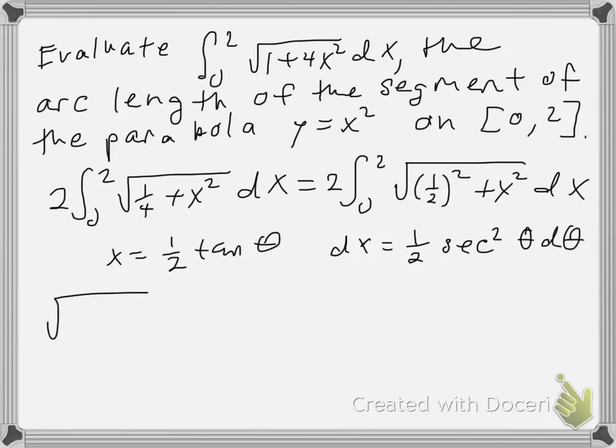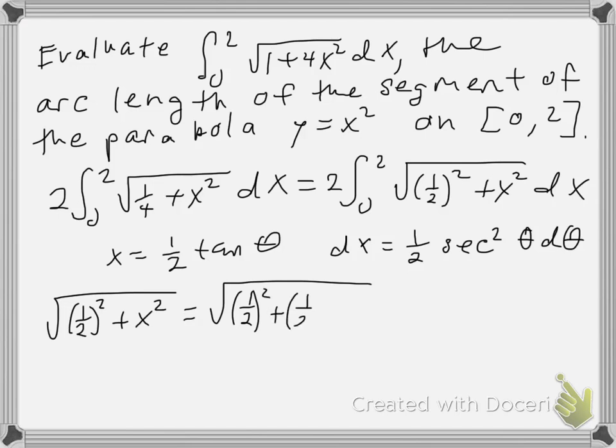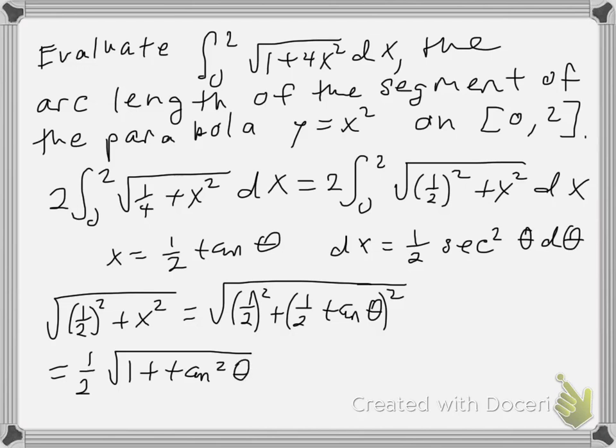And if we take the square root of 1/2 squared plus x squared, then this is equal to the square root of 1/2 squared plus 1/2 the tangent of theta squared, which of course is going to be equal to 1/2 the square root of 1 plus the tangent squared of theta.